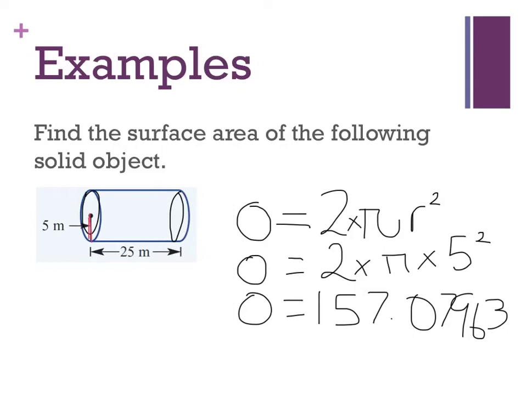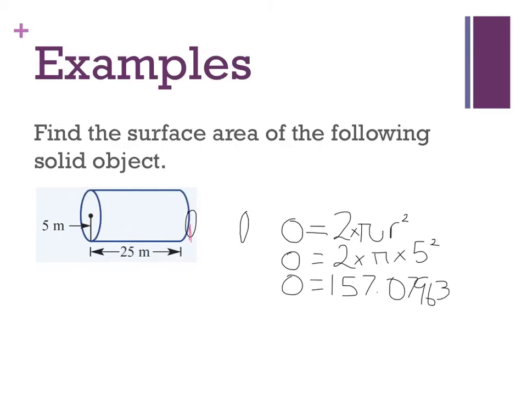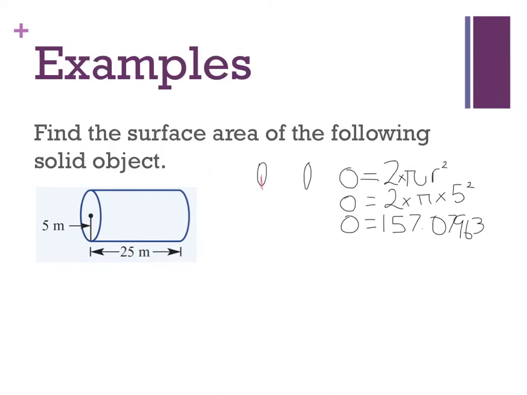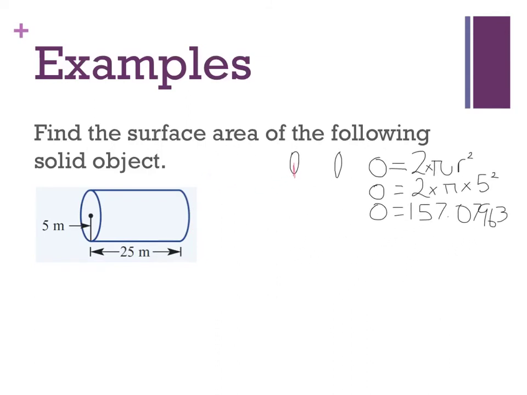I know I work out circumference of a circle with the formula 2 pi r. I'm going to move that working out over just a little bit. I need to find my rectangle. That's the area I need. Now the area of this side of my rectangle is going to be the same as the circumference. So how am I going to do that?